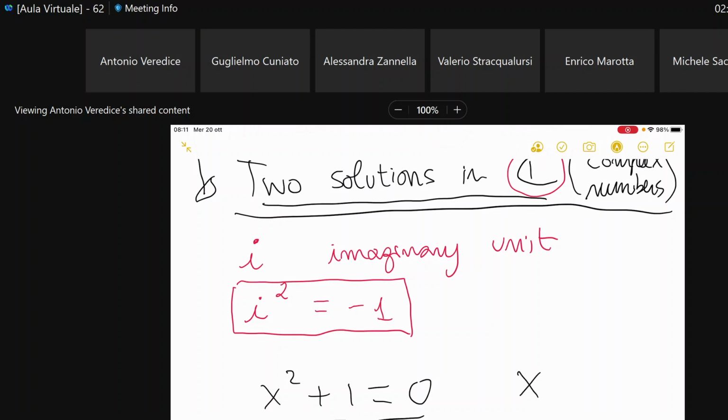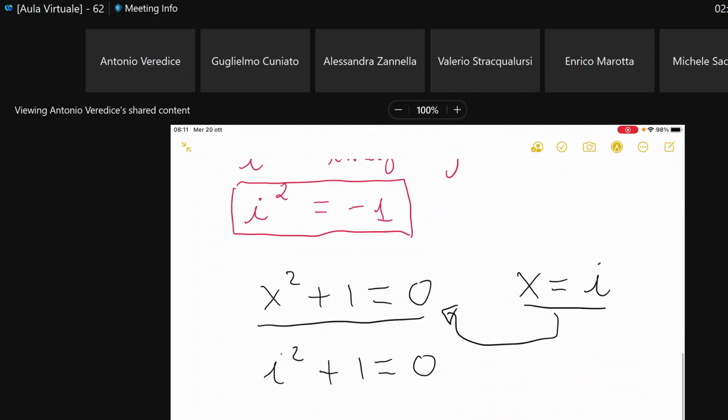If I replace x equals I, this is a solution. Are you okay with this? Because I squared plus 1 is 0, since I squared is -1, and -1 plus 1 is 0.